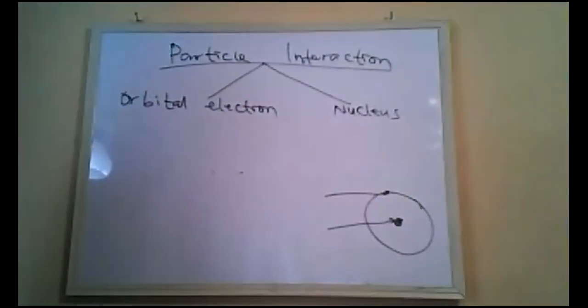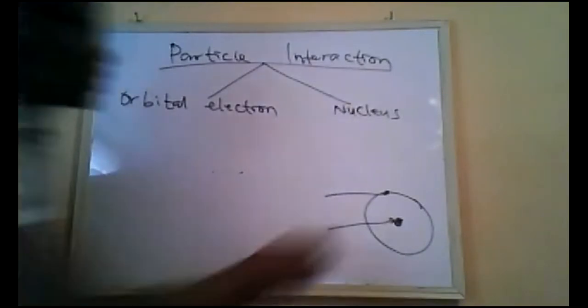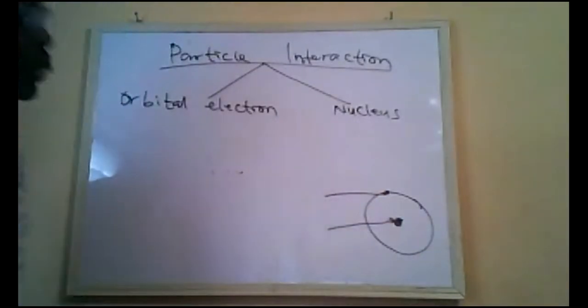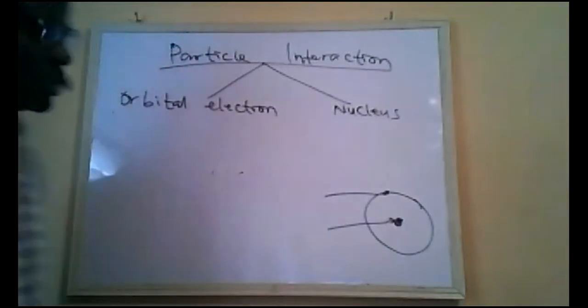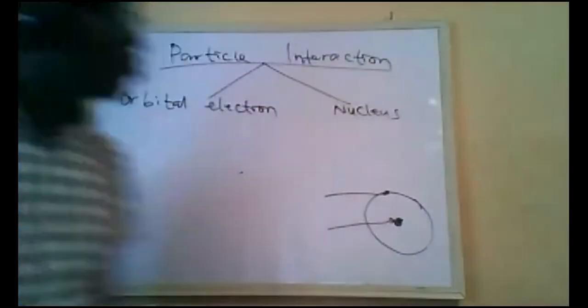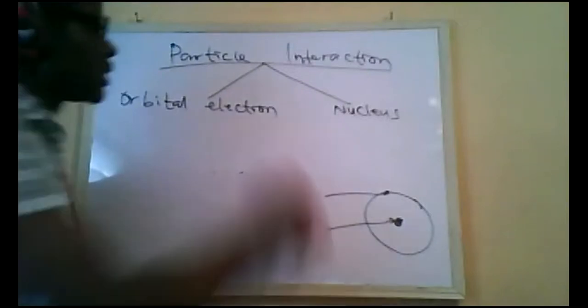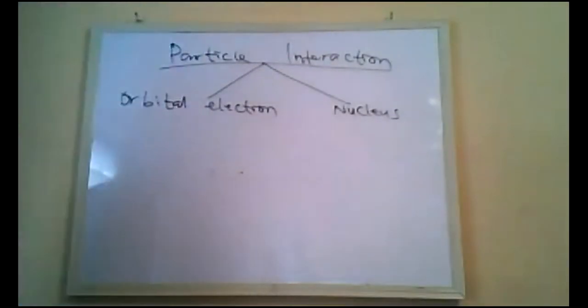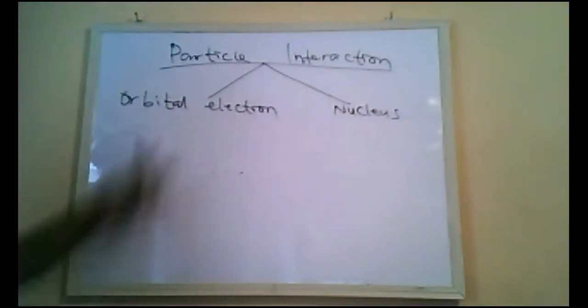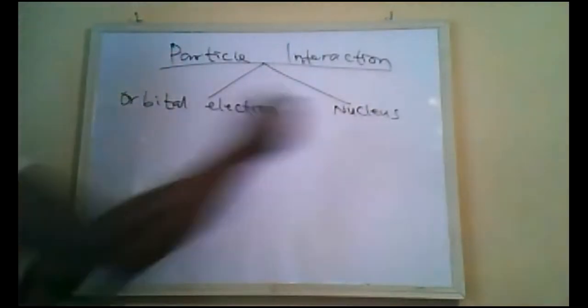It is very, very possible. In fact, it happens many times, so that the particle now goes beyond the shell of the atom and moves into the proximity of the nucleus. So for a particle, there is orbital electron interaction, and there is nucleus interaction.